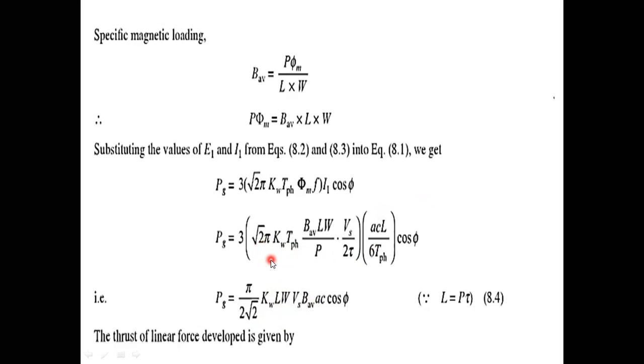And also we will consider some of the expressions from this gross power developed, how the linear force is developed. Some of the equations are there. This is the gross power developed, and from this, how the linear force is developed can be observed.